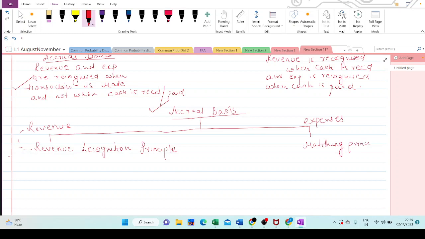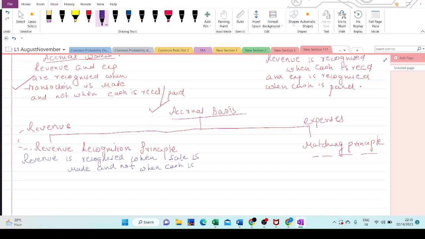Very important part. Now, what does the revenue recognition principle say? It says that revenue is recognized when the sale is made and not when cash is received.